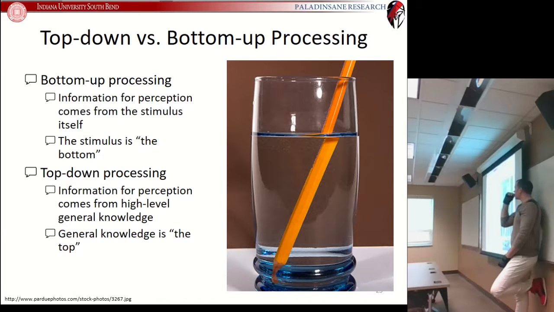My reason for including this example is that if you define it as the external pencil being solid but looking bent, you can know everything you just said about light refraction.